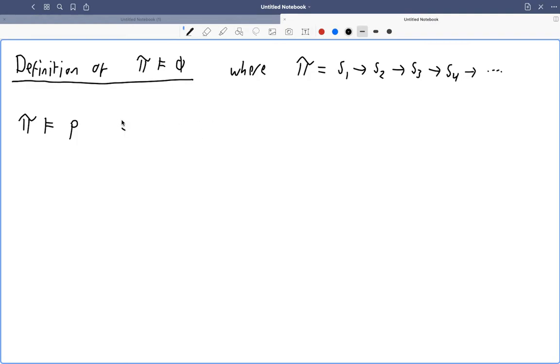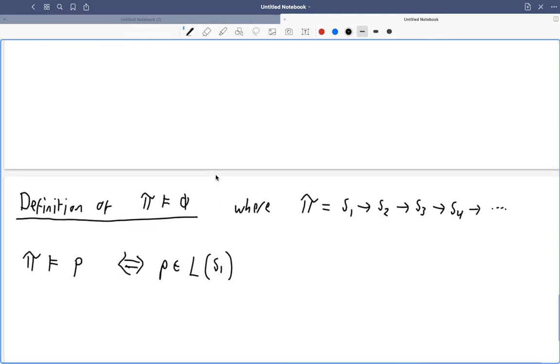So in general, the way of defining that is, well, what we want is to check that P belongs to the set of atoms that are used to label the now state, S1.